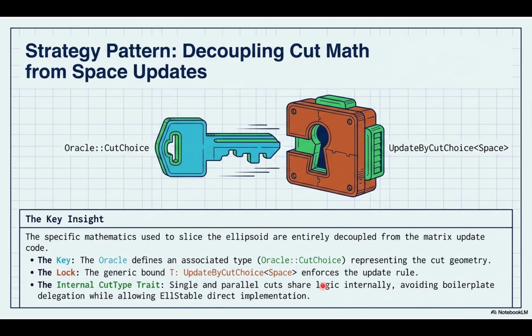It will actively reject it. Right. By using that generic parameter T, the developer forces the oracle's cut choice to match the search space bounds perfectly. You literally cannot accidentally use a single cut strategy on a parallel cut constraint because the Rust compiler physically won't let the program build. This raises an important question, though, because this is what Rust developers call a zero-cost abstraction.